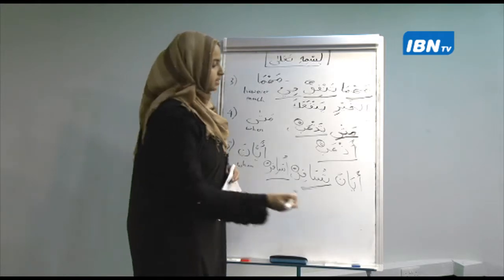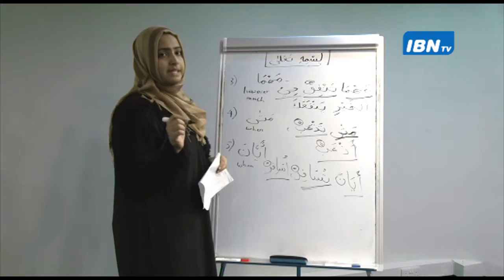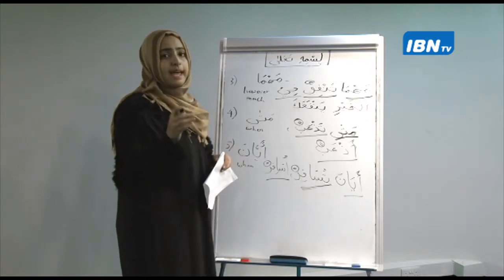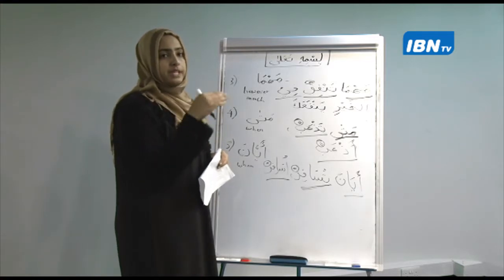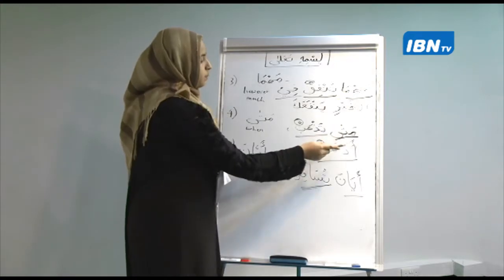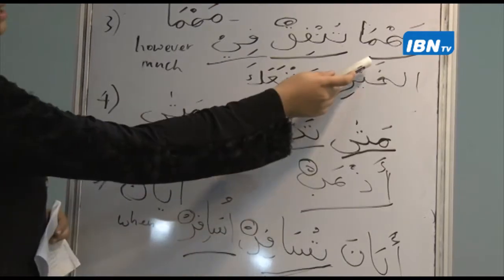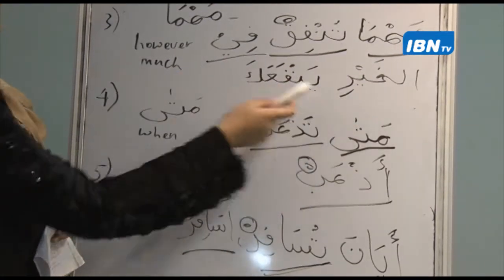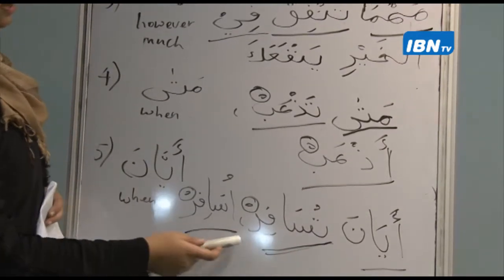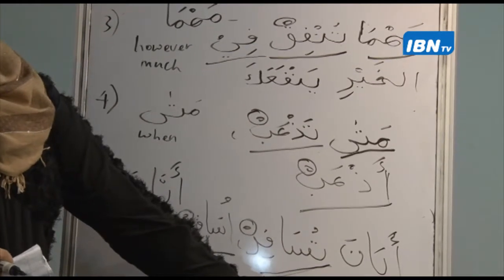My asma'u shartiya, ayyana. You notice one thing, one mistake to avoid making. All the asma'u shartiya, they appear before both the jaza and the shart. Like mahma in the beginning. Mata in the beginning, before the shart, before the jaza. The same thing with ayyana. All of these appear at the beginning.